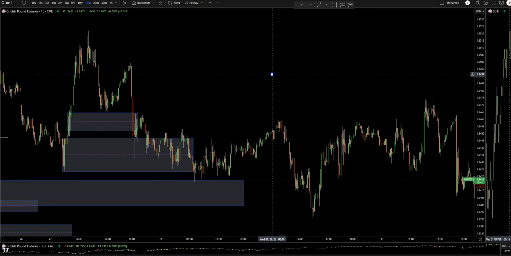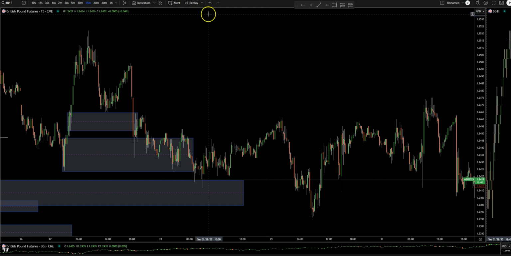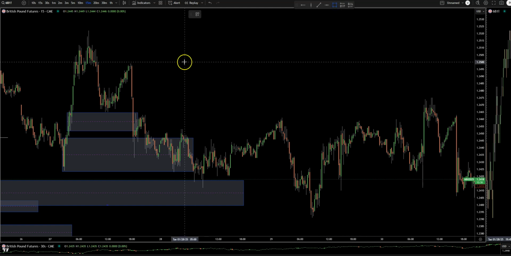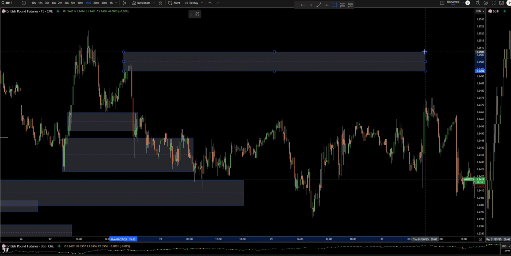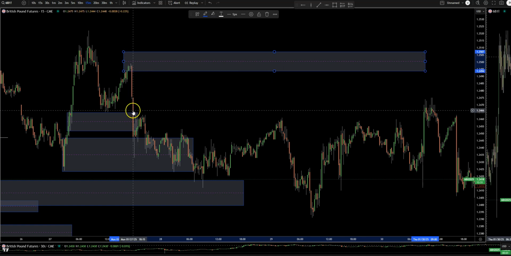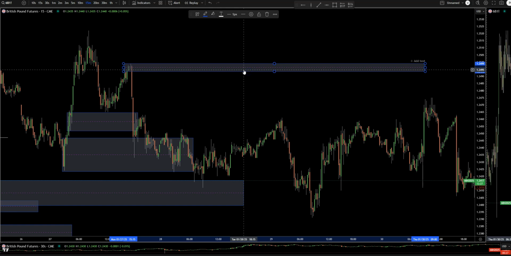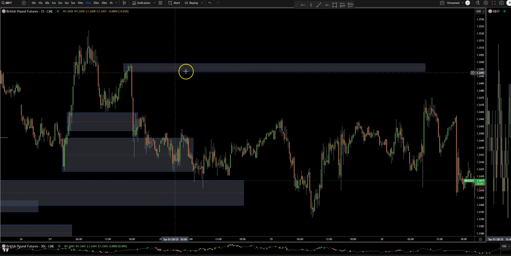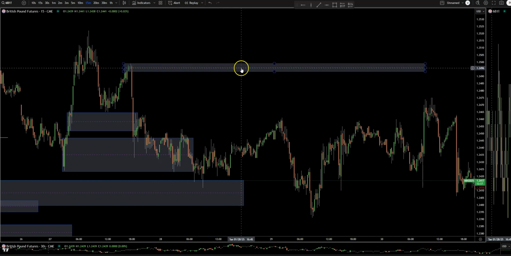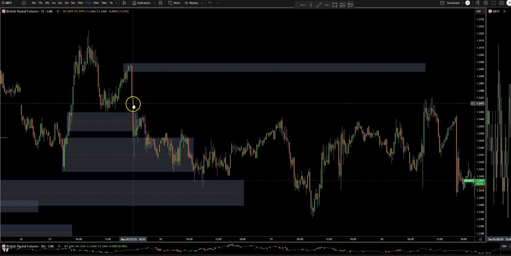Okay, so it's a very simple concept. Find a place a price moved out of, preferably with fair value gap type candles, like this one right here. Boom, boom, boom. Preferably with a 2 or 3 to 1 move, meaning if this zone is 10 ticks, then you want the move to be at least 20 or 30 ticks.